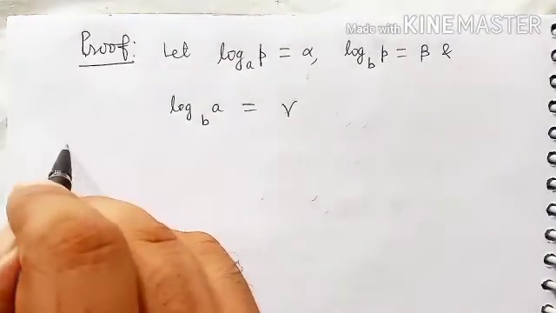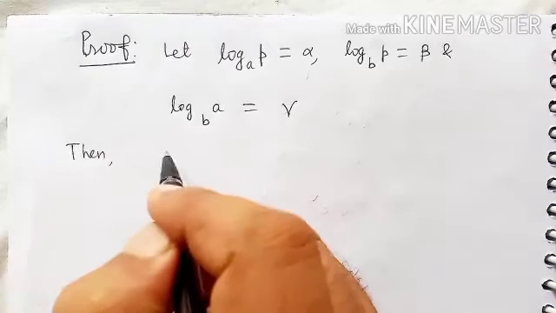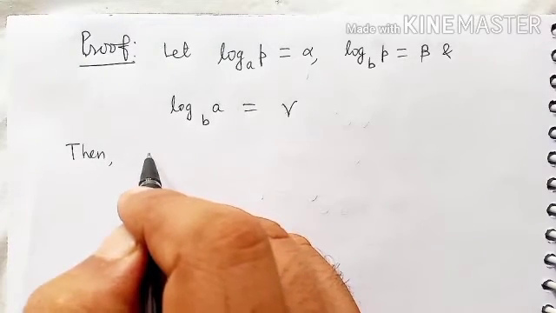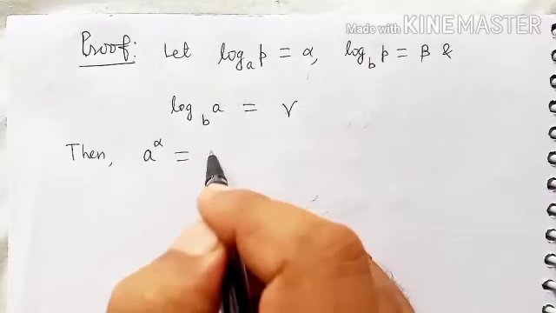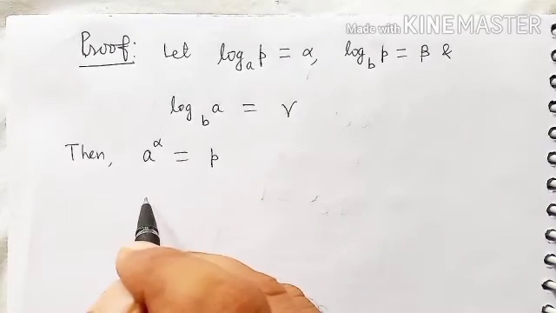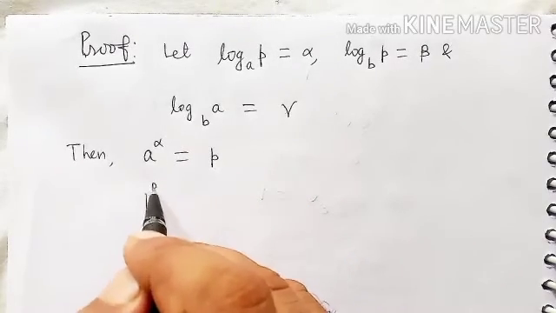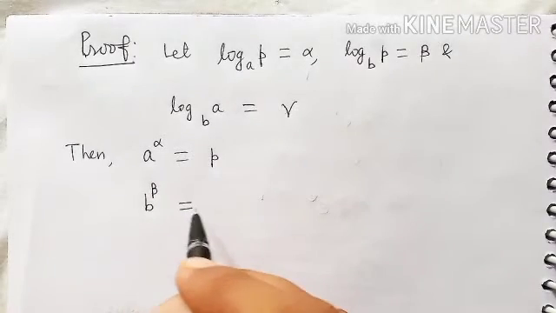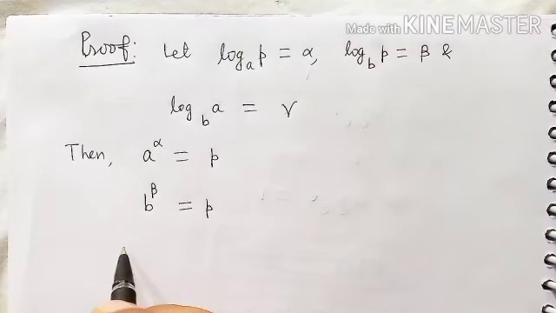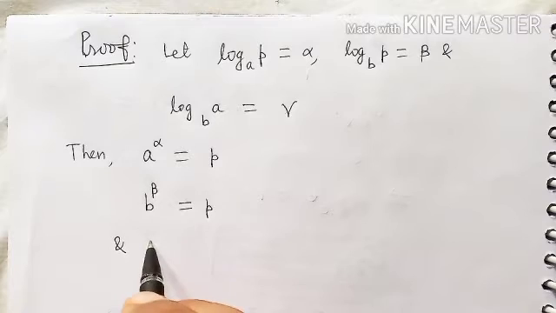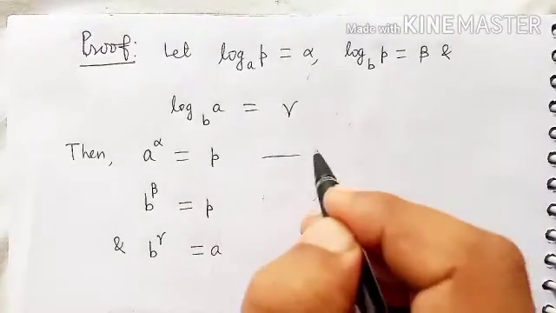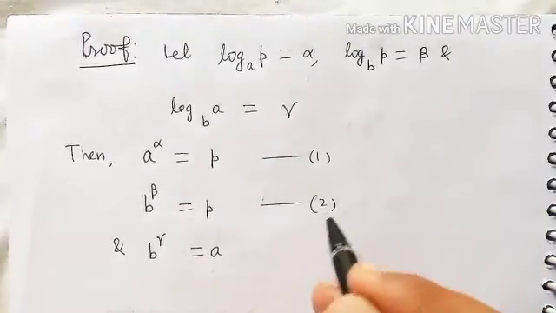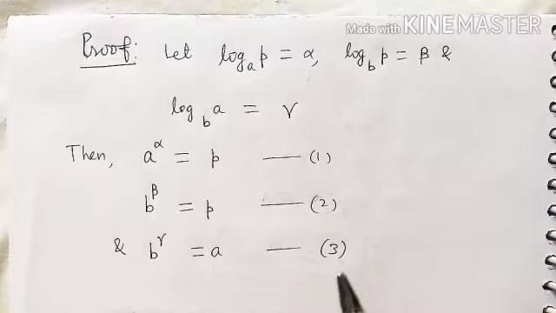Then a to the power alpha is equal to p, b to the power beta is equal to p, and b to the power gamma is equal to a. This is our first equation, this is second, and this one is third.